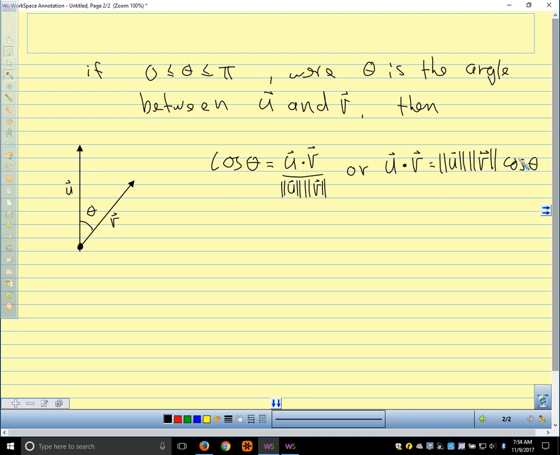This comes from the law of cosines. We're going to take a look at that in just a second, because going through that process is instructive in how we use the properties of dot products, how we use vectors to show things. But from this equation, U dot V is the magnitude of U times the magnitude of V times the cosine of theta. So what this tells us, I'm going to draw another picture here.